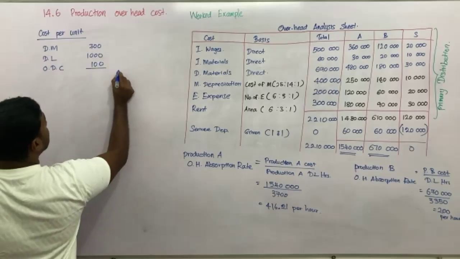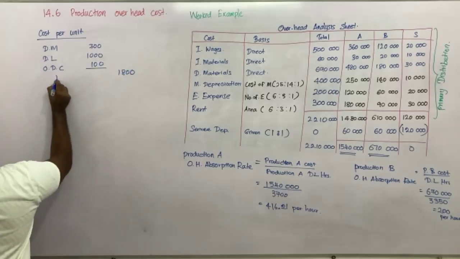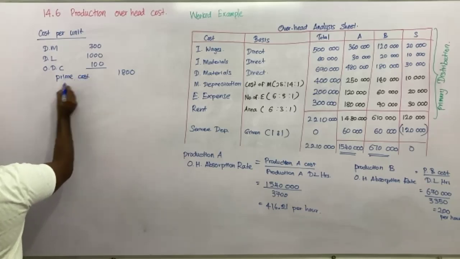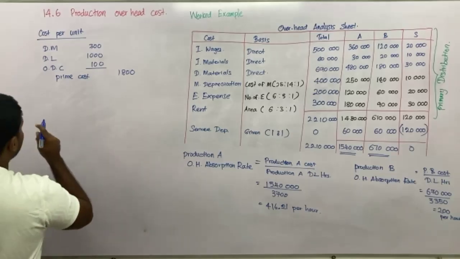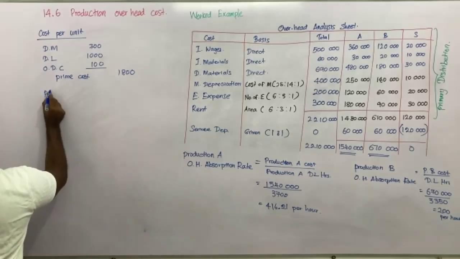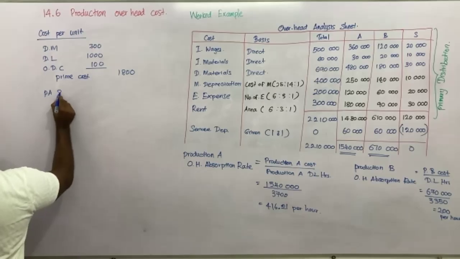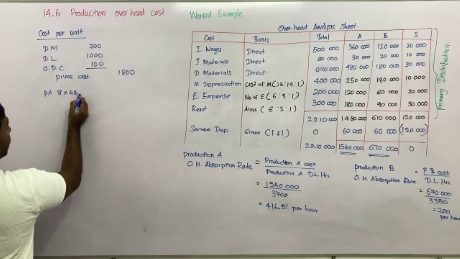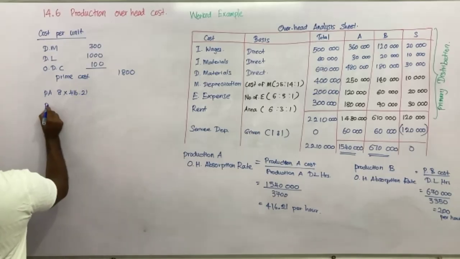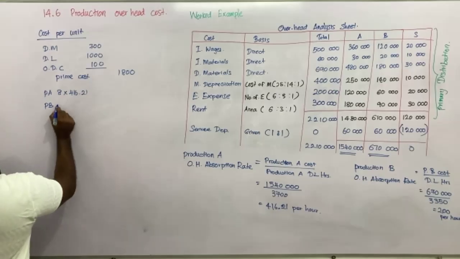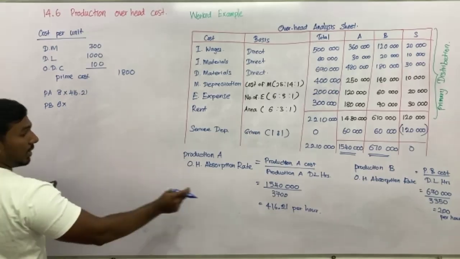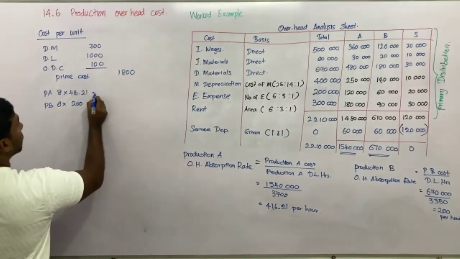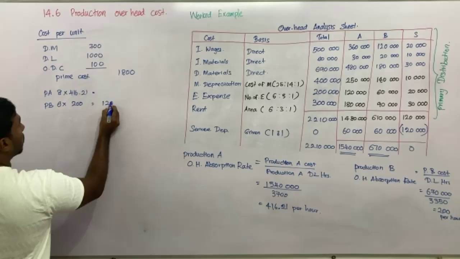Altogether, 1800 will be our prime cost. Let's look at the overheads. For production A, they spend 8 hours, so 8 multiplied by 416.21, and for production B, they spend 6 hours, 6 multiplied by 200, 1200.